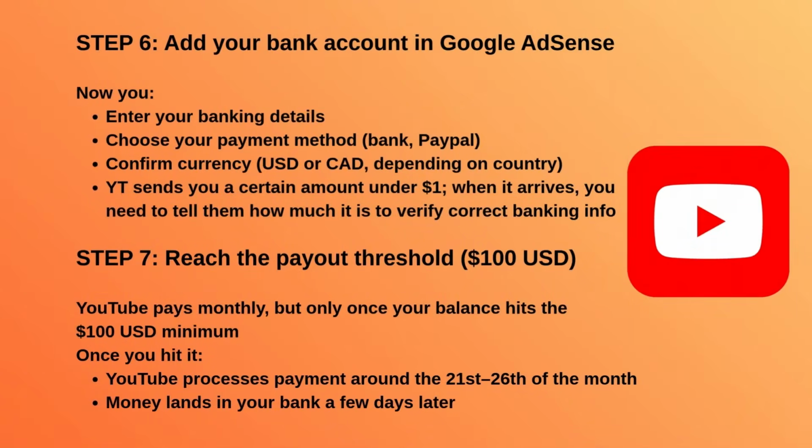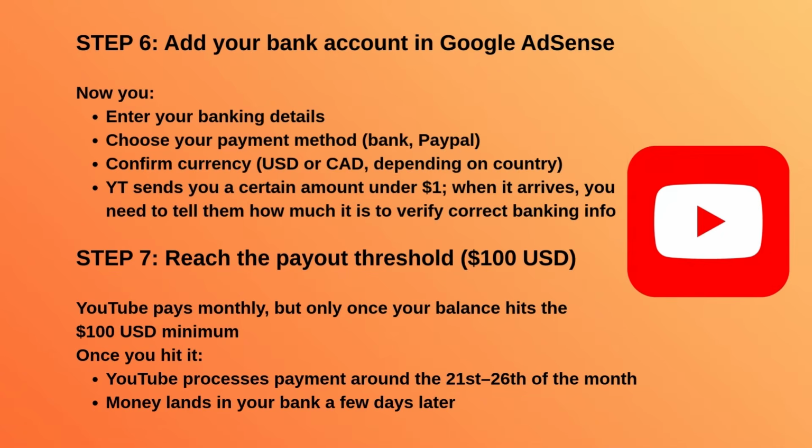Step 6 is that now they need to verify your banking information. So what they will do is give you the opportunity to enter your banking details. You get to choose which payment method you want. You can have it direct deposited into one of your bank accounts. You can use PayPal. You can confirm what currency you want.